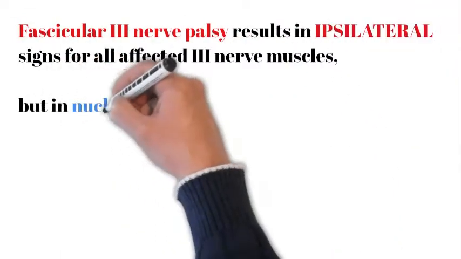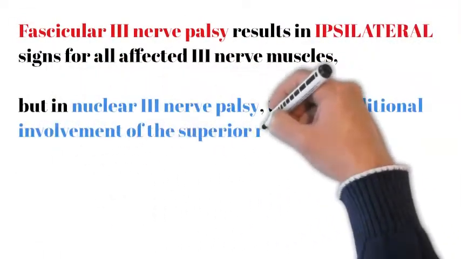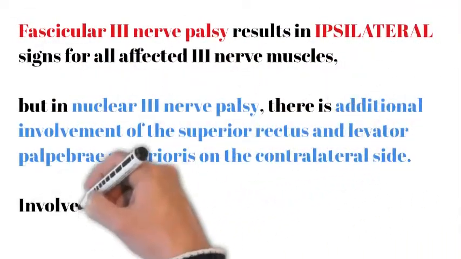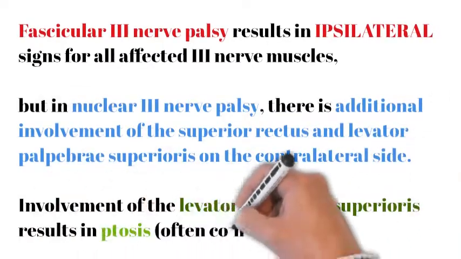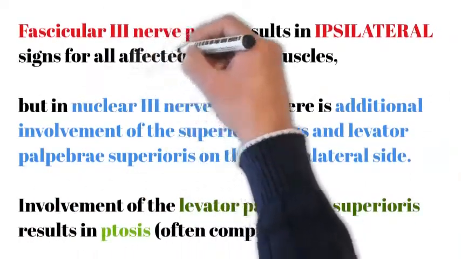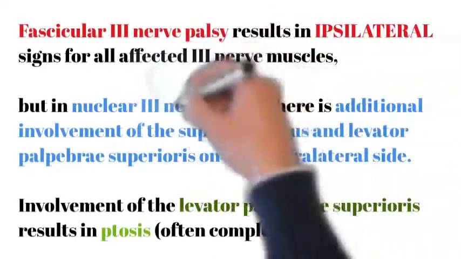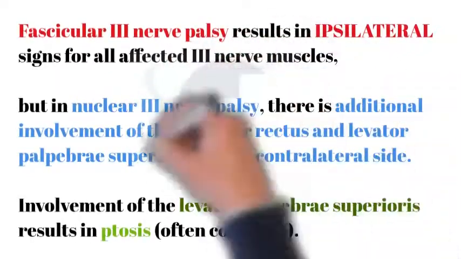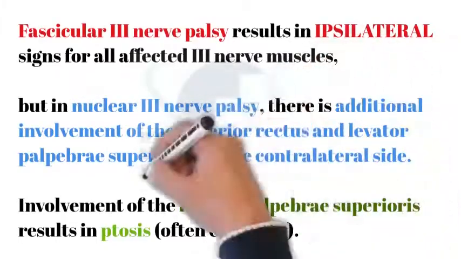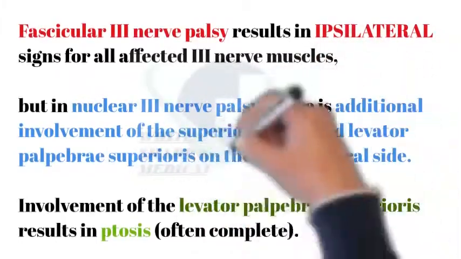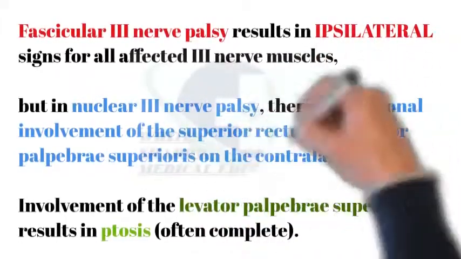Fascicular third nerve palsy results in ipsilateral signs for all affected third nerve muscles, but a nuclear third nerve palsy has additional involvement of the superior rectus and levator palpebrae superioris on the contralateral side.